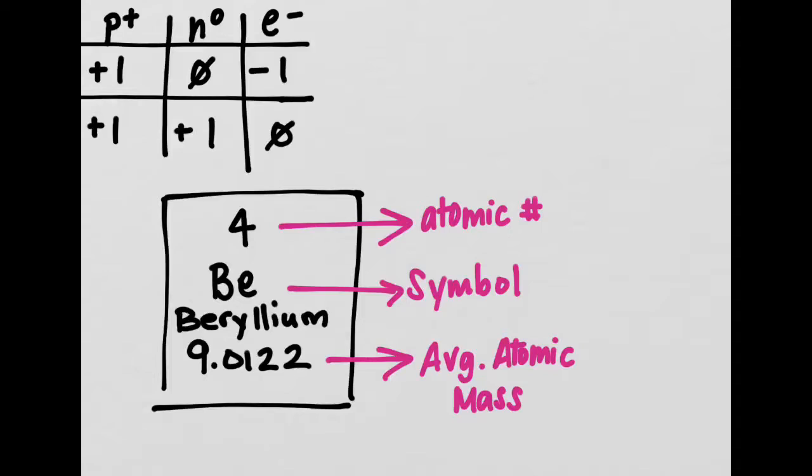Well, why do I call it the average atomic mass? So we discussed this a little bit last time we met, but when I refer to the average atomic mass, what I mean is that it is the average mass of all the isotopes of that element in existence.